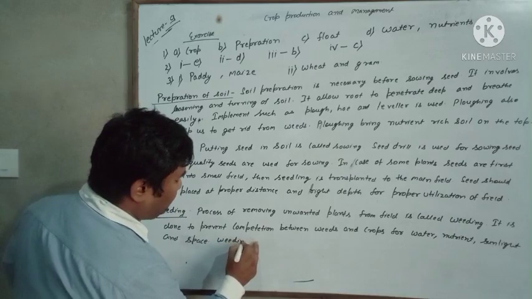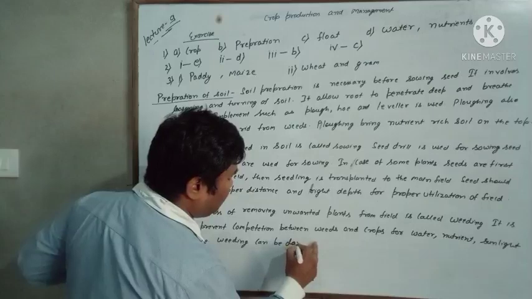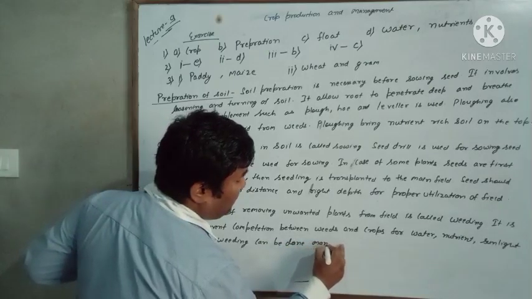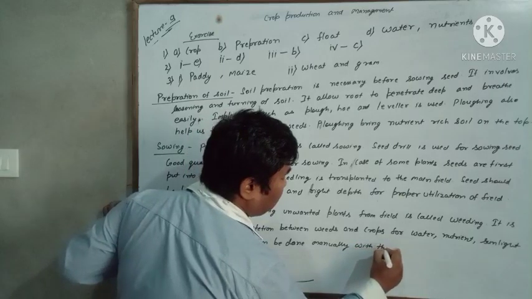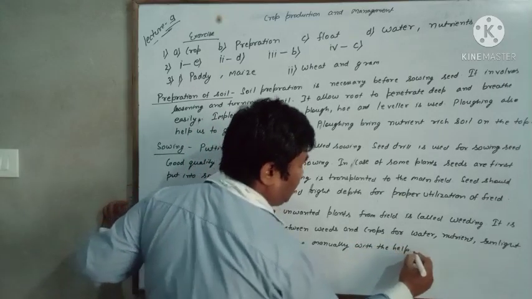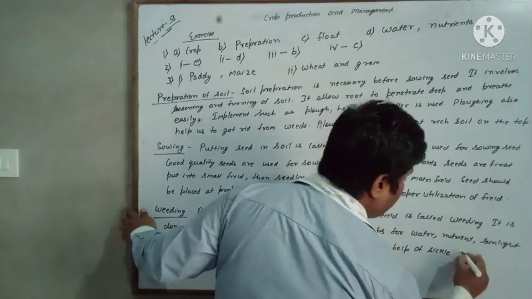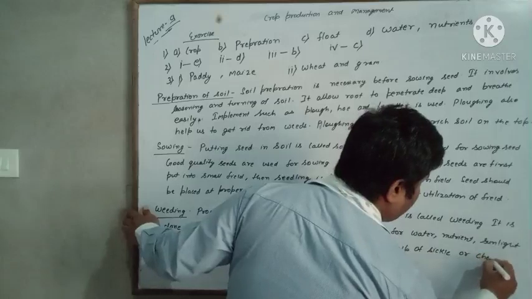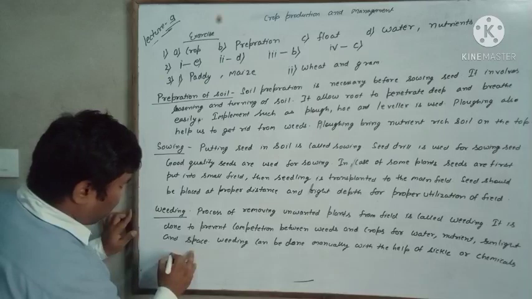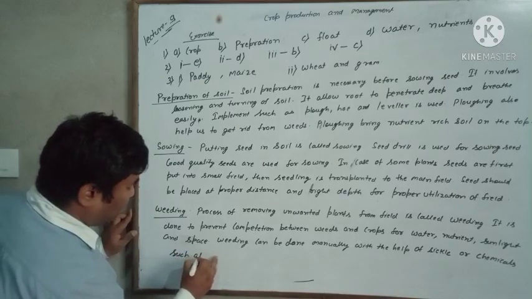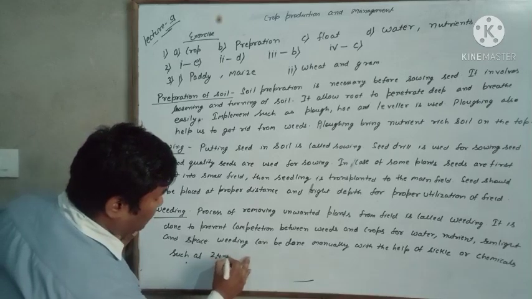Weeding can be done manually with the help of a sickle or chemicals such as 2,4-D.